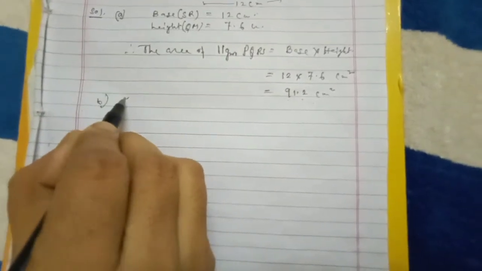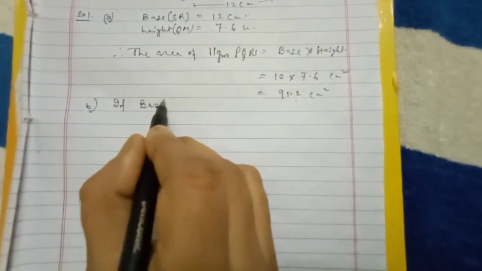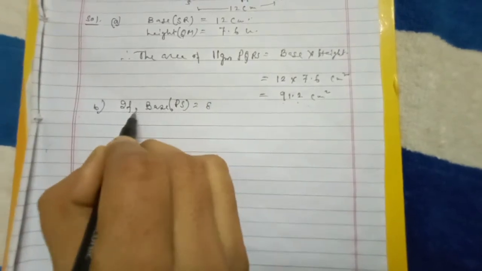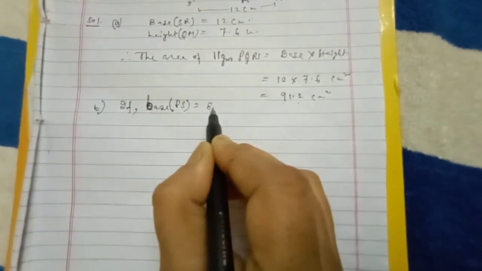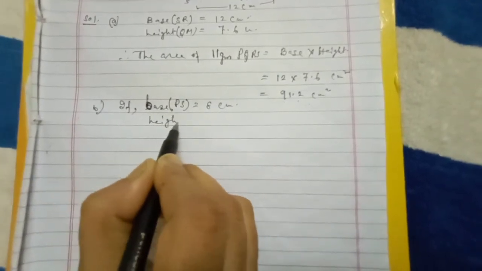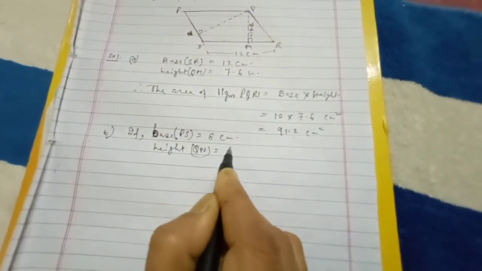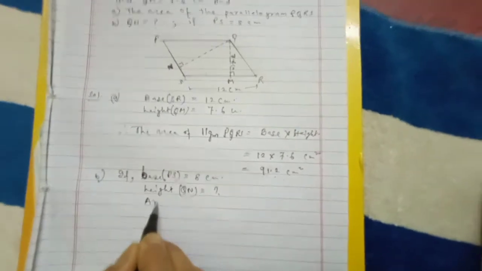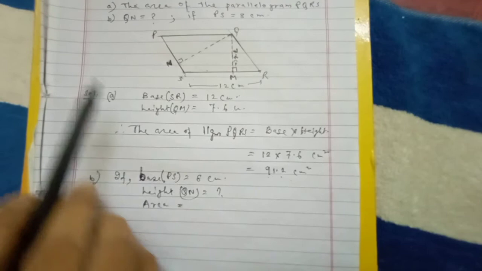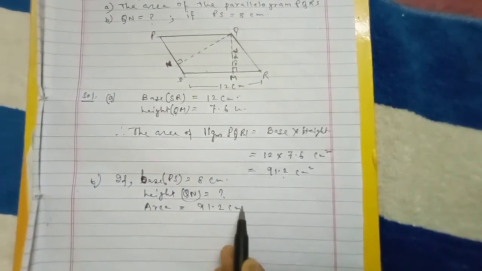When base PS is equal to 8 centimeter and you have to find the height QN, the area of the parallelogram is already given by question A as 91.2 centimeter square.